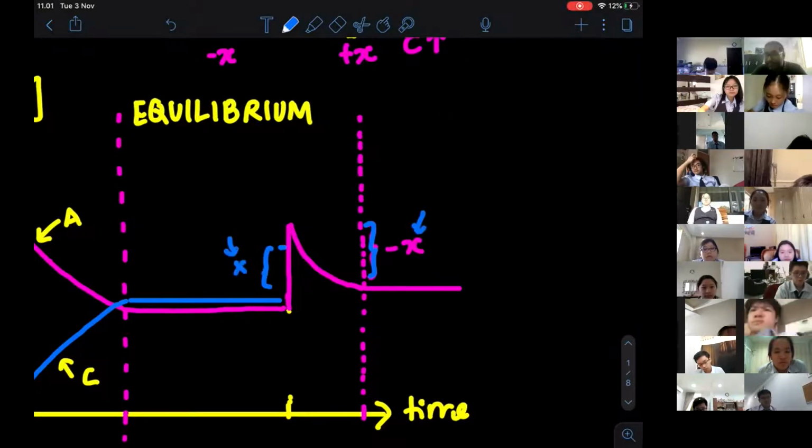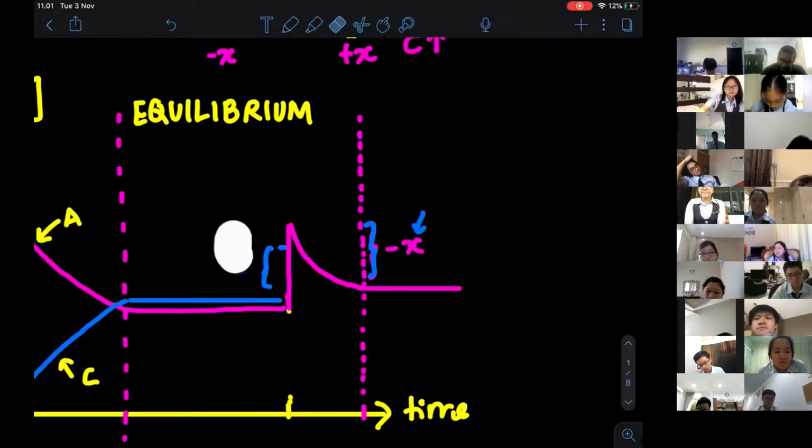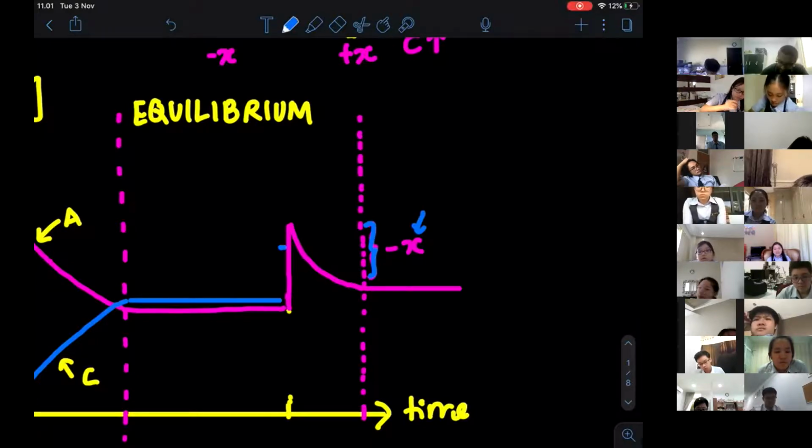I hope you understand. If I erase this, the idea is this blue line starts to increase up to here. Let me draw nicely. They increase up to here.